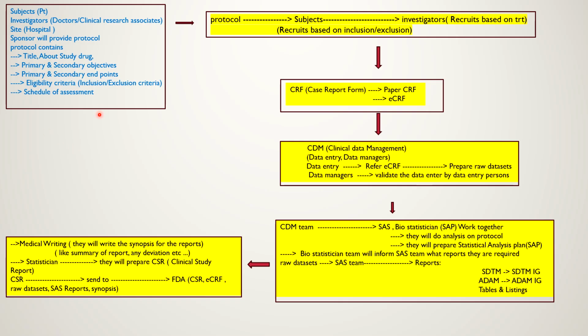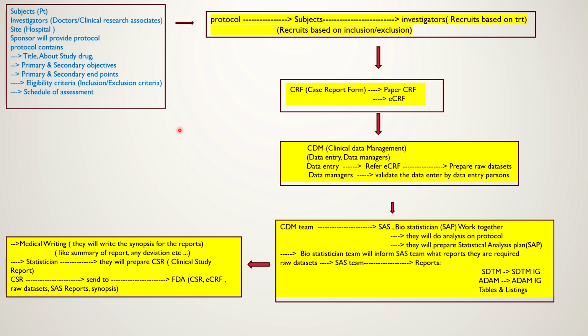So here we can see some terms: subject is nothing but patients, investigators means doctors or clinical research associates, site is nothing but hospitals. This entire process starts once the sponsor or client provides the protocol. Based on the protocol, we start the entire process.